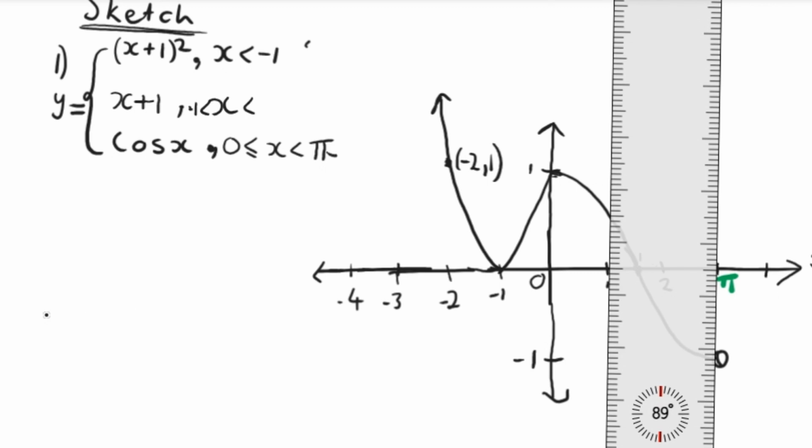And now we must state the domain. Our x is all the values that are less than pi, not equal to pi. That will be our domain.